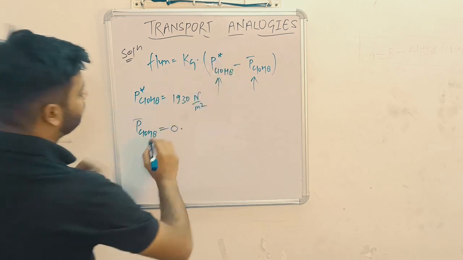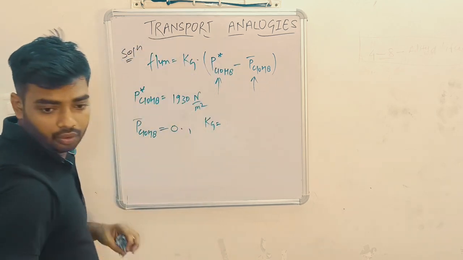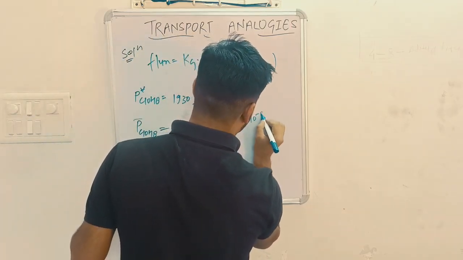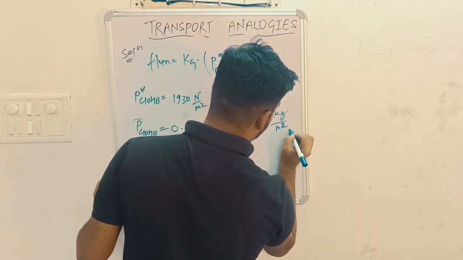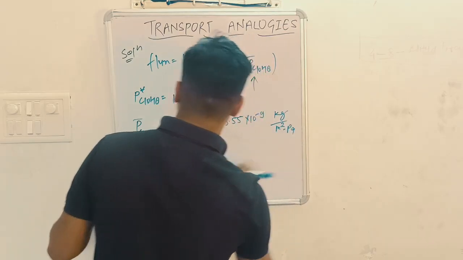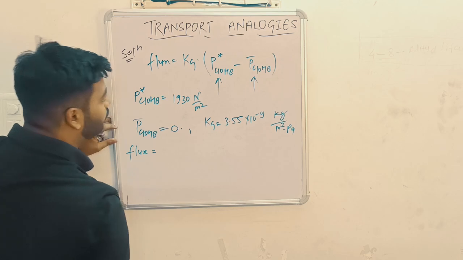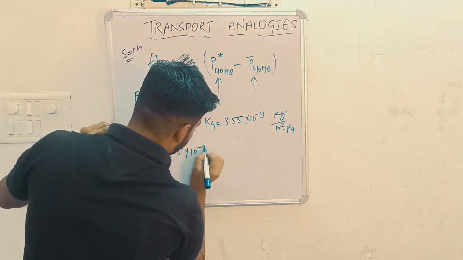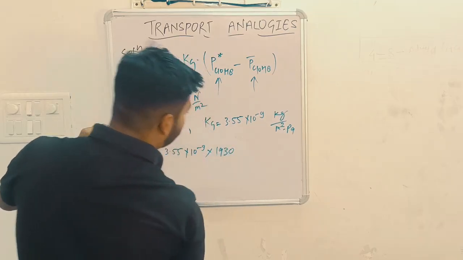So substituting this value, also we have kg equal to 3.55 into 10 power minus 9. So substituting this value, we will get flux equal to 3.55 into 10 power minus 9 into 1930.